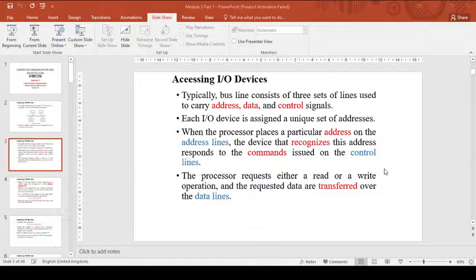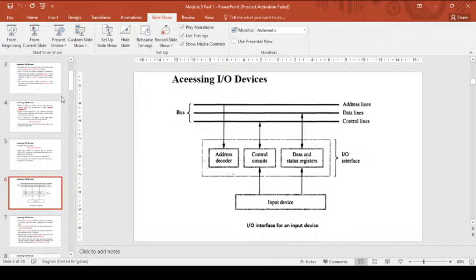So remember, there will be an interface circuit, the IO interface circuit. You cannot connect any IO device directly to the processor. There should be an interface circuit to connect any input or output device to the processor. So what are the different components of this IO interface circuit?